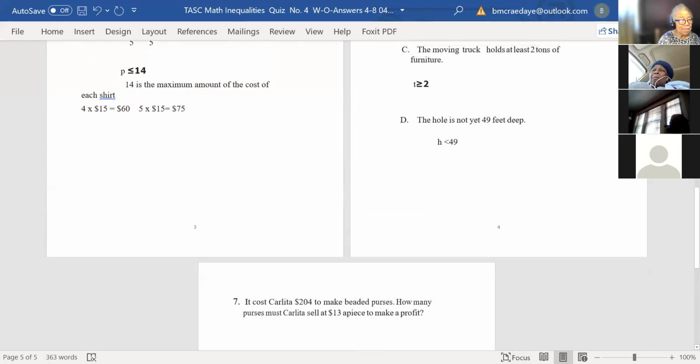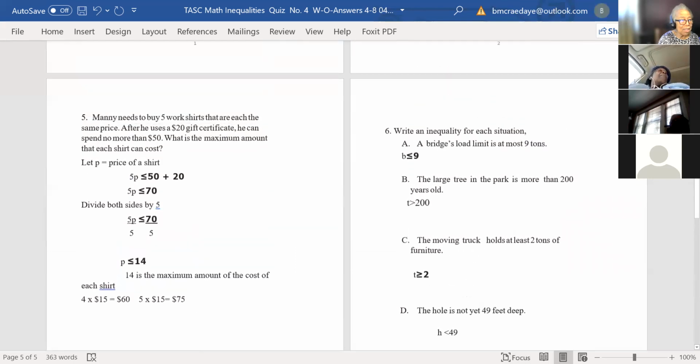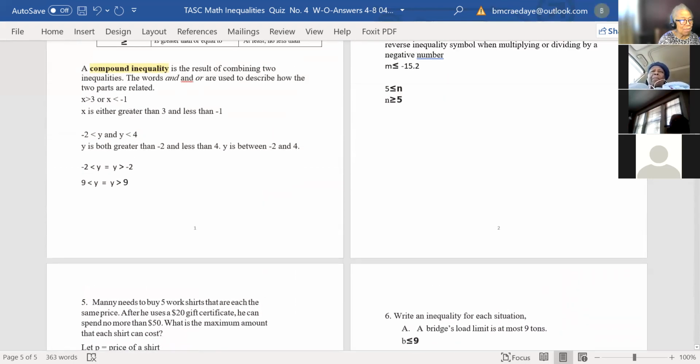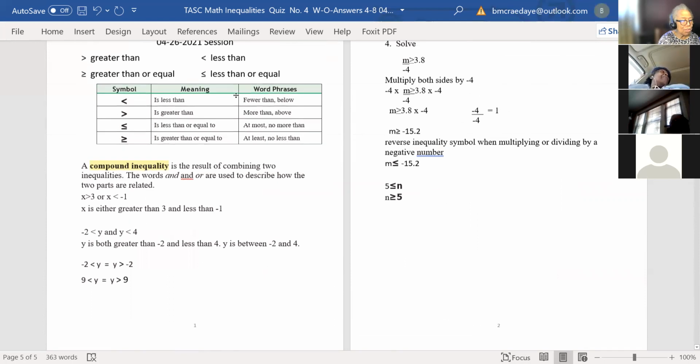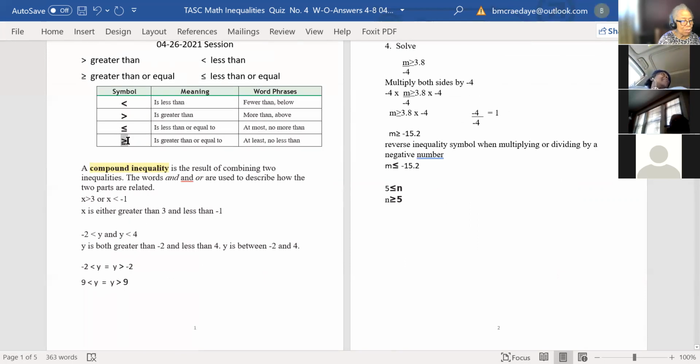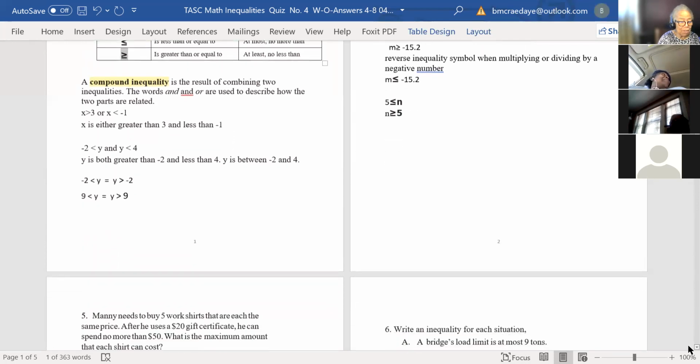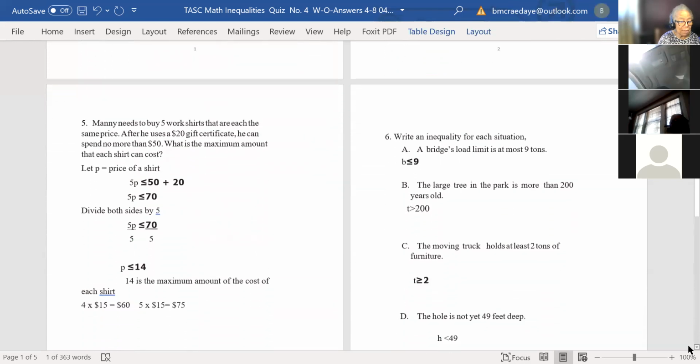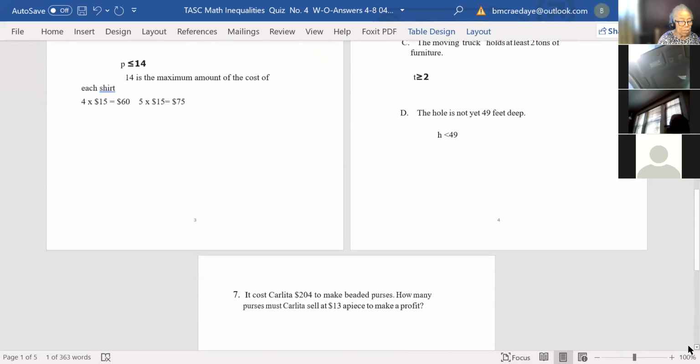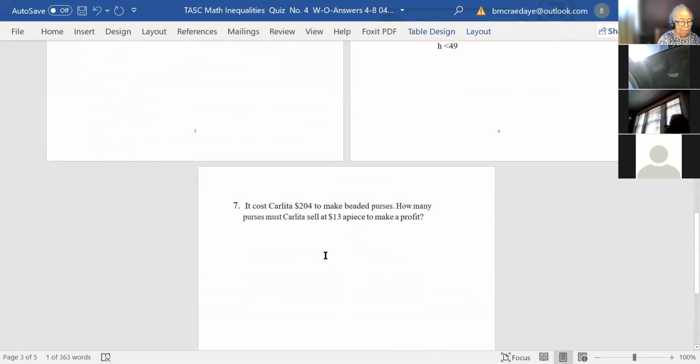That's correct. So let's grab that greater than or equal symbol, because she's got to be greater than or equal to what it costs her to make the product in order to show a profit. Otherwise, she loses money, right?